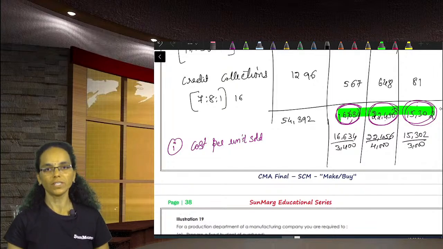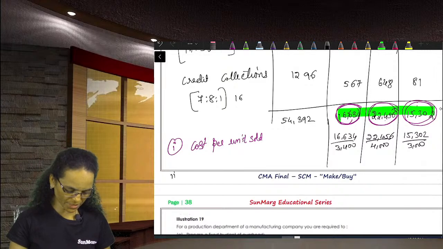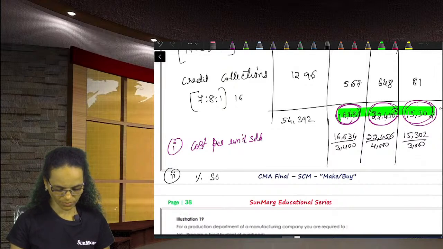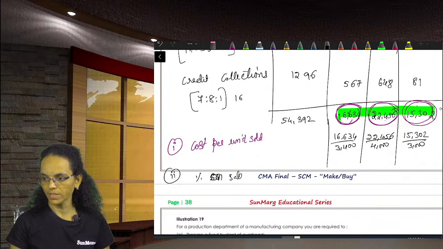Then we will come to know what is the percentage. And next, percentage on sales. See, this is the expenditure we have incurred.